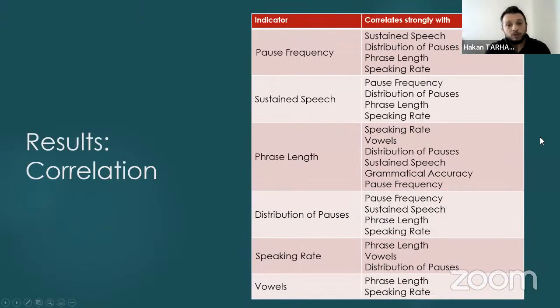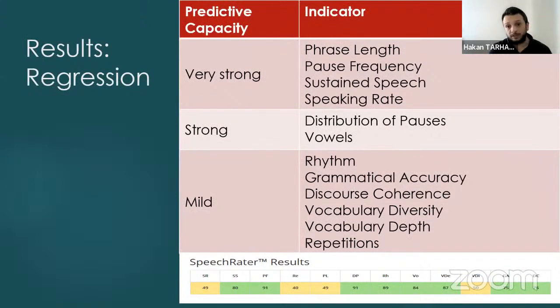Now, we also checked if there was correlation between these different features, because we wanted to see if ETS approached these features as separate indicators or indicators that are in correlation with each other. And our results showed that the features have very high correlation scores with each other, especially the strongest 6 predictors.